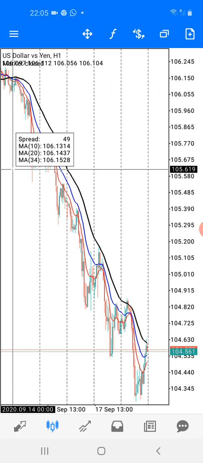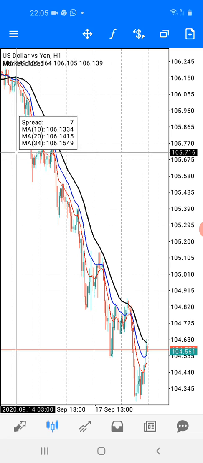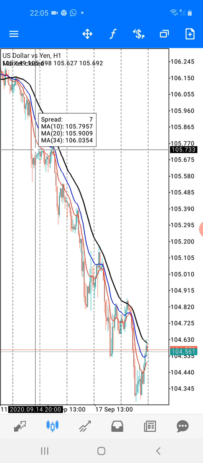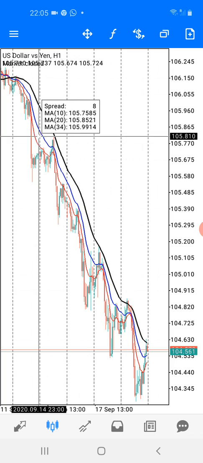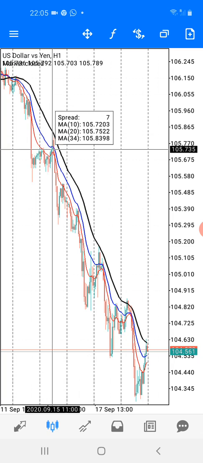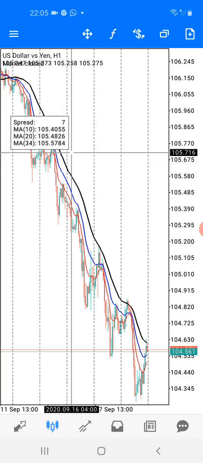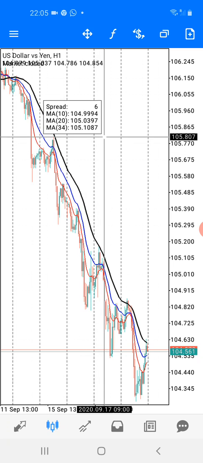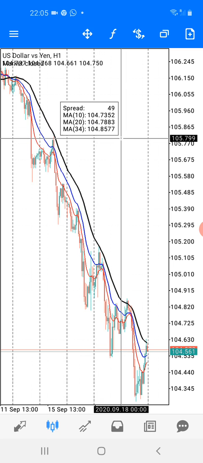Here is where the market opens, and here is where the market closes for the day. The second line opened again the next day, closes here, opens the next day, closes here, like that. So this line signifies where the market opened for the day and when the market closes for the day.